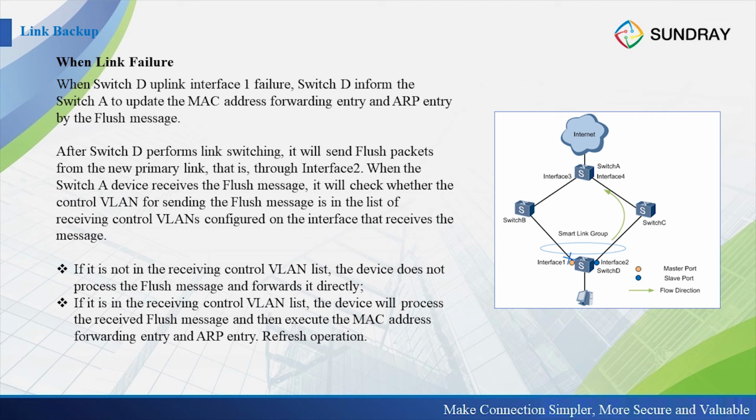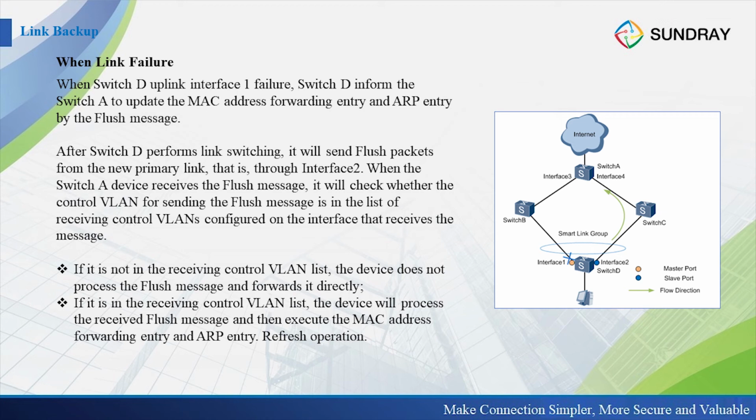After switch D performs link switching, it will send flush packets from the new link, which is interface 2.